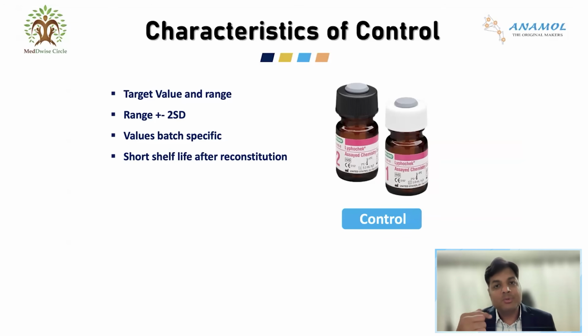So if I am using the control of one particular lot number, whenever I change to the next lot, I have to also look at the values of glucose in the second lot number. I cannot refer to the value chart of the first lot number. Therefore, it is important to understand that values of every analyte are specific to that particular lot only.